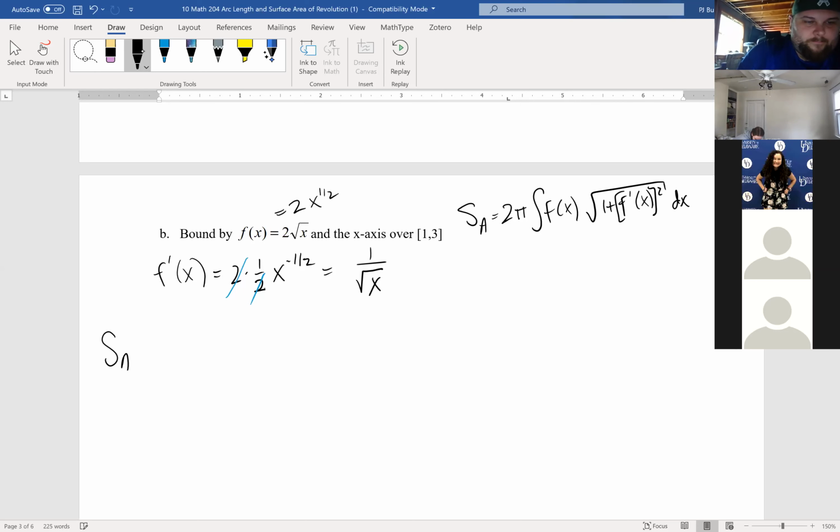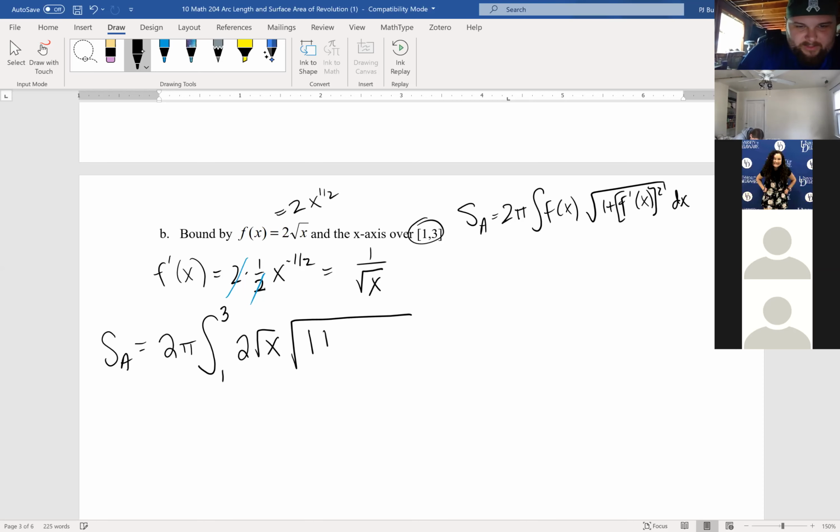So for this problem, we have 2 pi integral. They tell us from 1 to 3, so it's integrating from 1 to 3. f of x is 2 square root of x. Then we have square root of 1 plus f prime, which is 1 over square root x, squared dx.